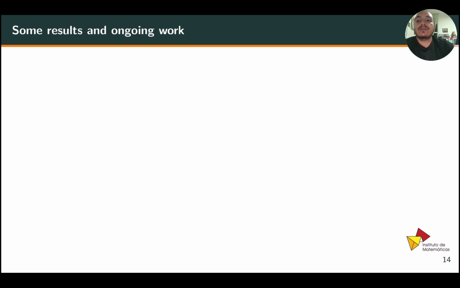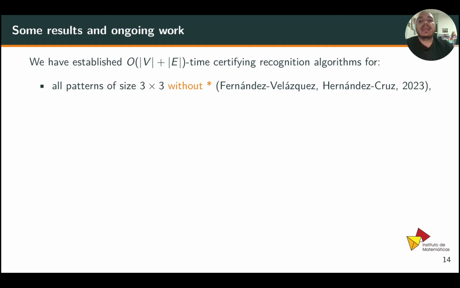And now I just want to tell you about some results that we already have and some ongoing work. Well, first, we know that all different patterns of size 3 times 3 that don't have asterisk, all of them admit linear time certifying recognition algorithms using minimal obstructions as no certificates.